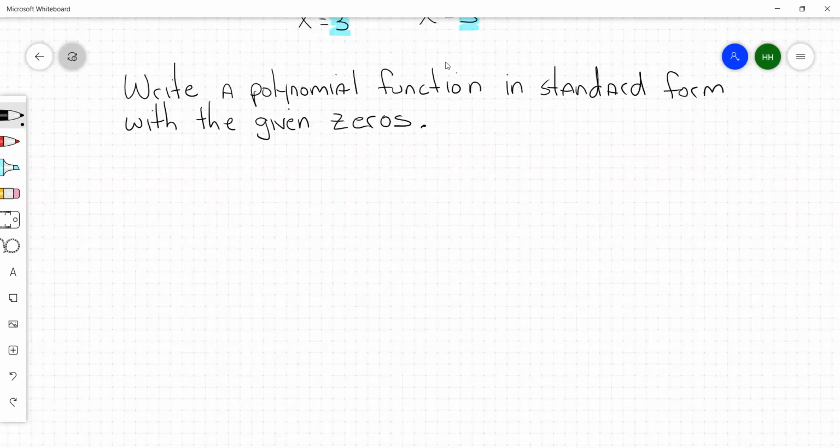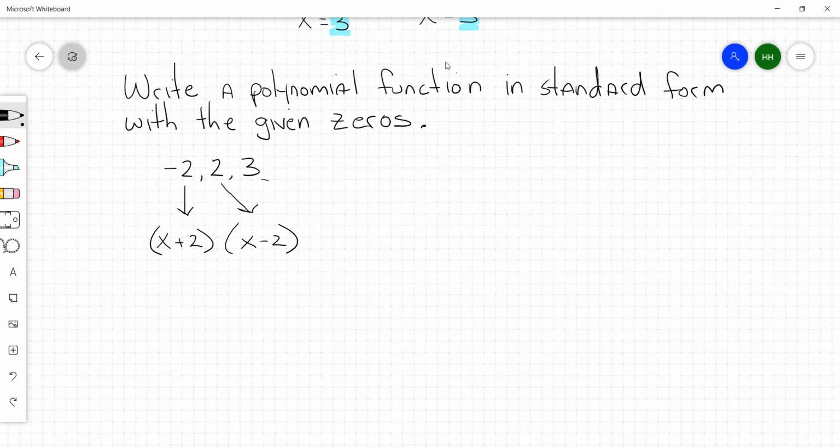So let's see, you've got zeros of -2, 2, and 3. If those are your 3 zeros, then the 0, -2, comes from a factor of x plus 2. If you've got a 0 of +2, that came from a factor of x minus 2.